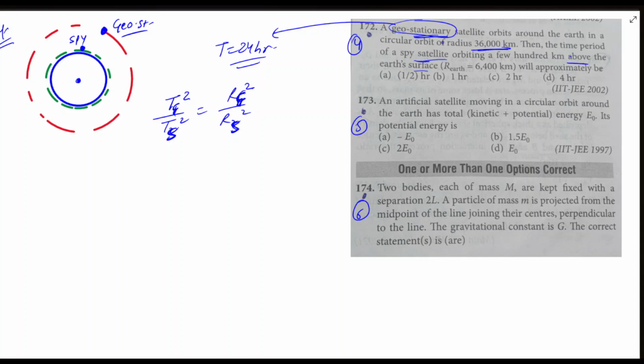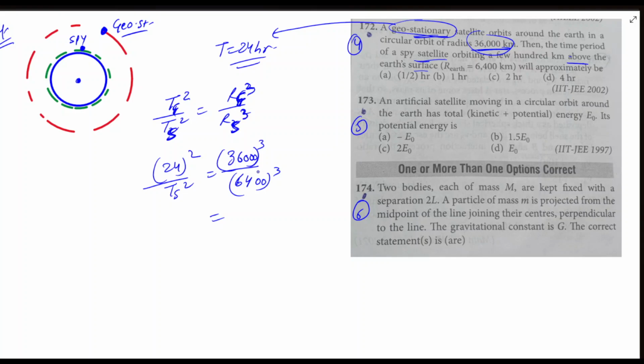So around the Earth in a circular orbit of radius 36,000. So this TG will be 24 square upon TS square, which we have to find, and RG will be 36,000, so this will be the cube, right? 36,000 cube upon RS, and RS we'll just take as the radius of Earth, so it will be 6400, right?